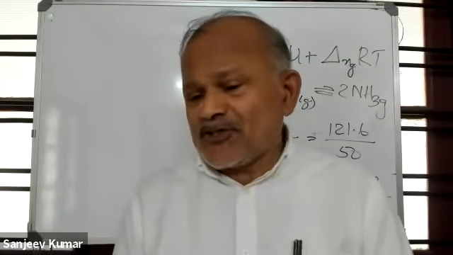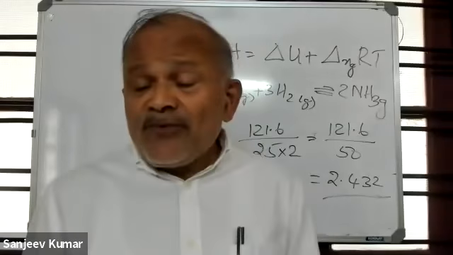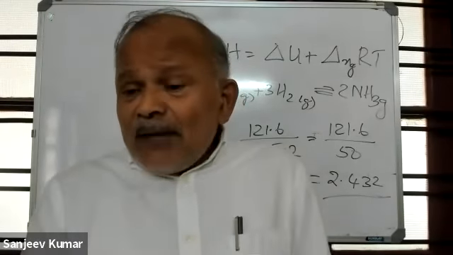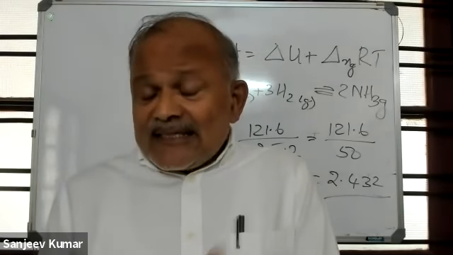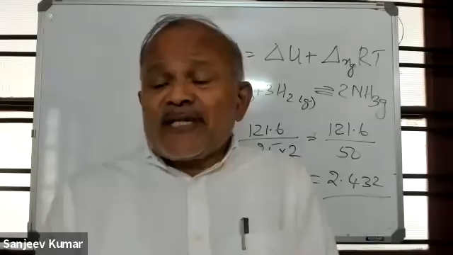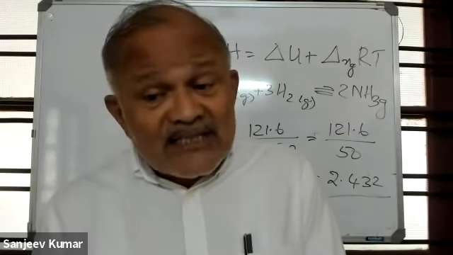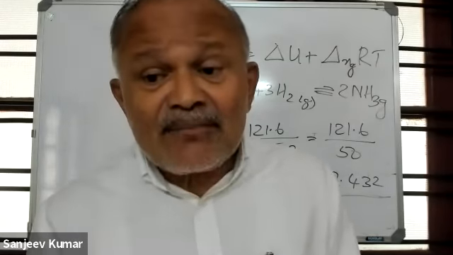What do you mean by sublimation? Direct conversion of a solid into its gaseous state. And the enthalpy of sublimation is a sum of the enthalpy of fusion and enthalpy of vaporization. It is according to Hess's law of constant heat summation.